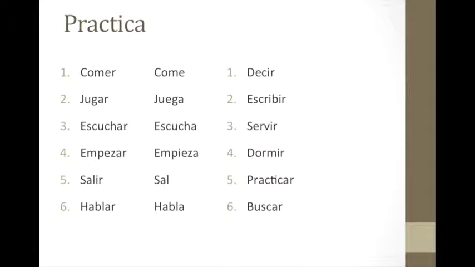Decir, irregular. Di. Escribir, escribe. Servir is an E to I stem change. Sirve. Dormir, O to UE, sleep, is duerme. Practicar, practice. Practica. And buscar, look for, busca.